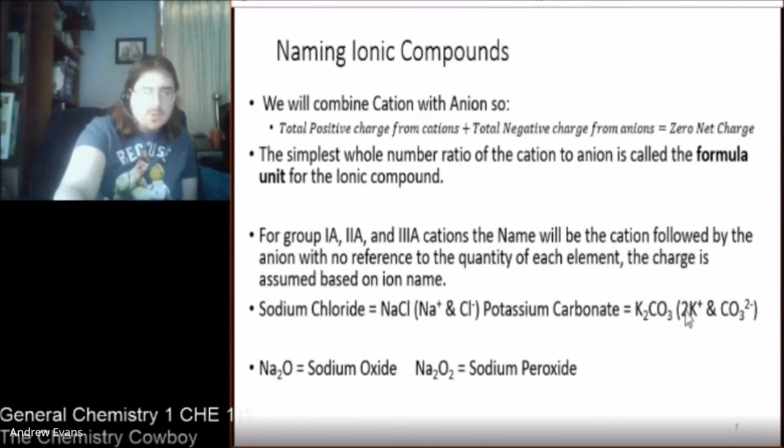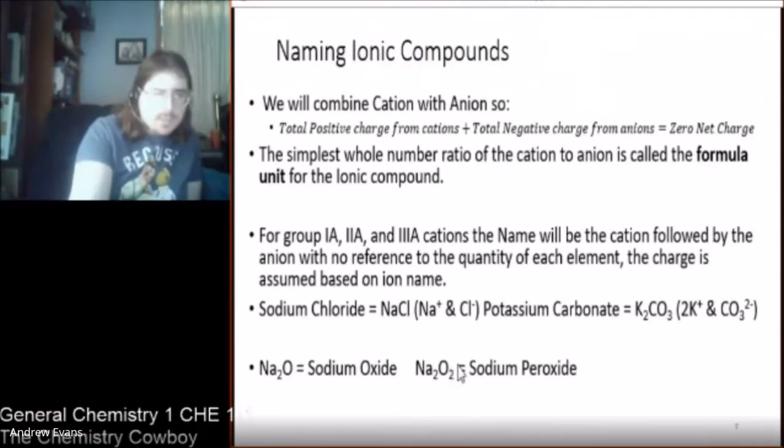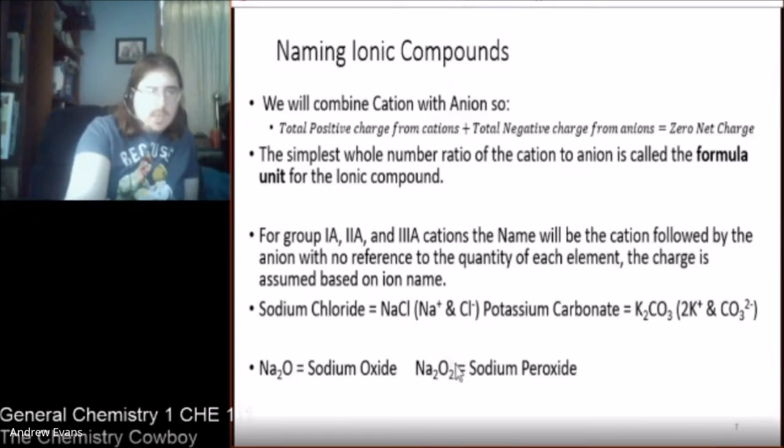So 2 1 pluses cancels 1 2 minus, giving us a net charge of 0. If I talk about sodium oxide, oxygen is typically -2. So we'd have 2 plus 1s, 1 minus 2. And a different thing, peroxide: each oxygen is -1. So 2 minus 1s cancels with 2 plus 1s.